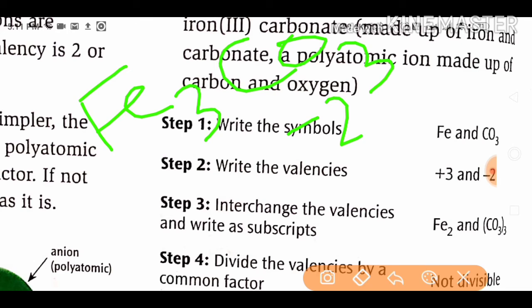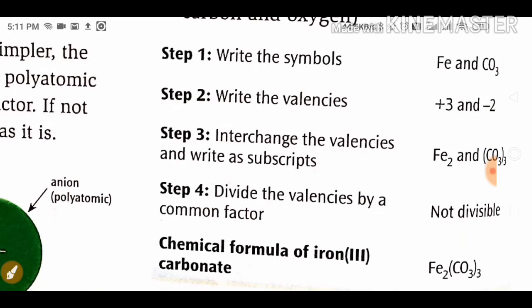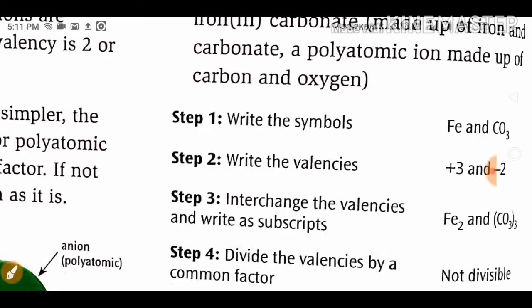So now interchange the valencies. Fe gets 2 and CO3, because it is polyatomic with more than 2 atoms, we write in brackets, it will become CO3 whole thrice. Understood? Then check whether the valencies are divisible.